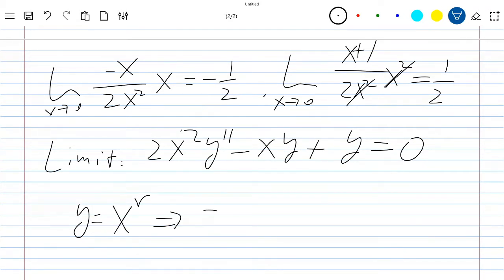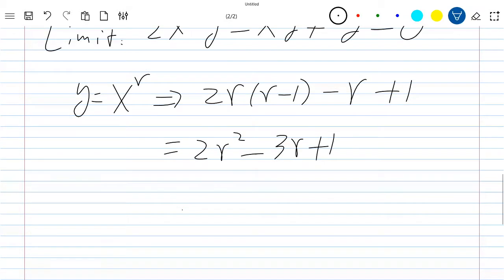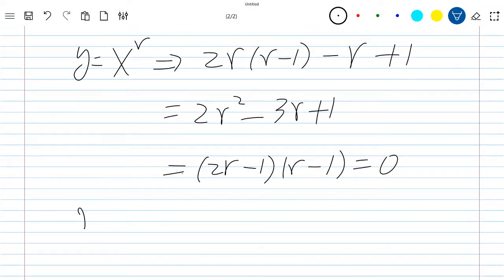This will give you 2r minus 1 times r minus 1, right? And that equals 2r squared minus 3r plus 1, and that equals (2r minus 1)(r minus 1). And that equals 0 will give you r1 equals 1, r2 equals 1/2.